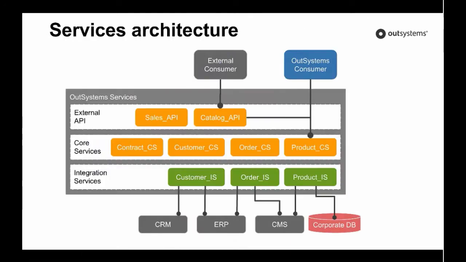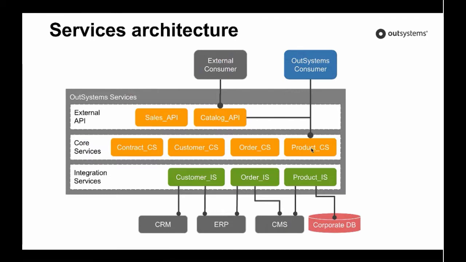Okay, so now I'm just showing the services part. The services will be consumed by OutSystems applications or by an external consumer. And the service itself is layered in three levels. So you have the service itself. We can have a service around the business concept of a contract, a customer, an order, a product, whatever.